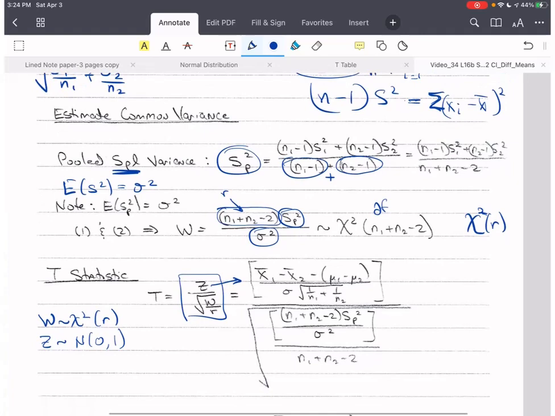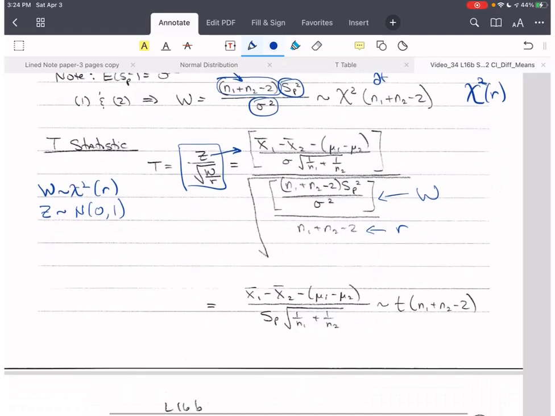And here is W. And this is r. And you can do the algebra, and it simplifies to this equation here, which is x1 bar minus x2 bar minus mu1 minus mu2 over s sub p, square root of 1 over n1 plus 1 over n2. And this has a t distribution with n1 plus n2 minus 2 degrees of freedom.